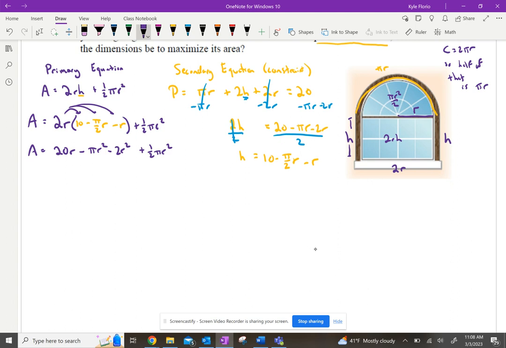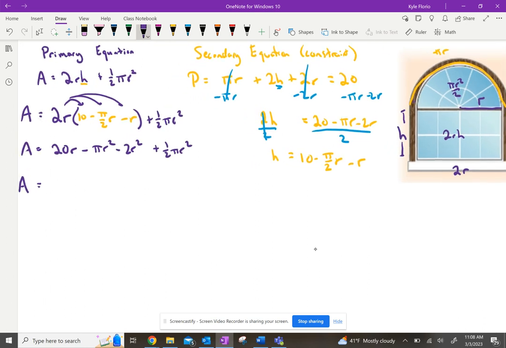Let's see here. We do actually have some like terms here. If I have minus a pi r squared plus 1/2 a pi r squared, if I want to make it over 2, I can think of this as 2 over 2, because that's just 1.